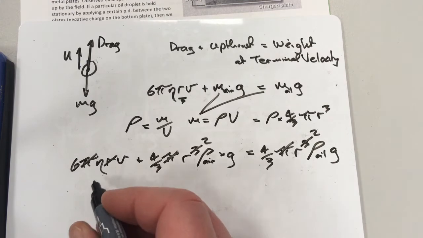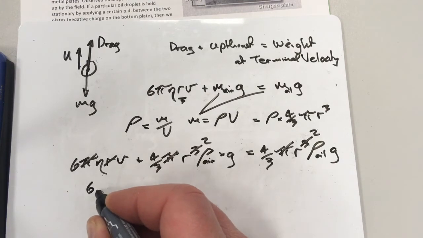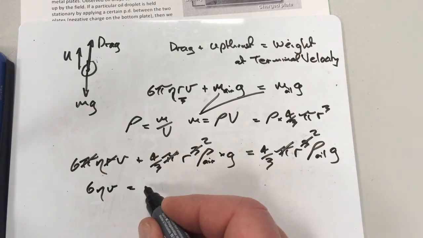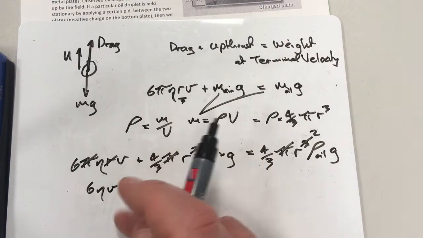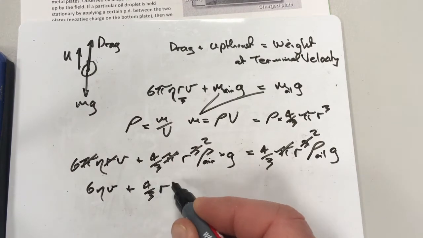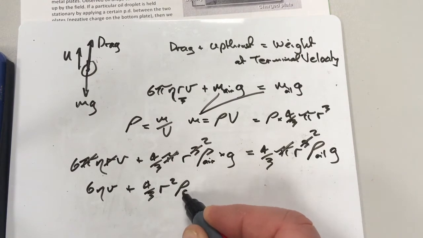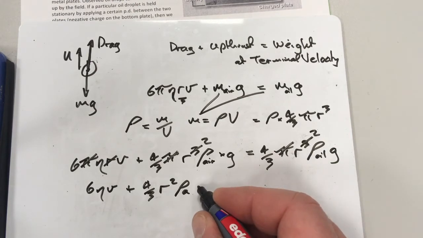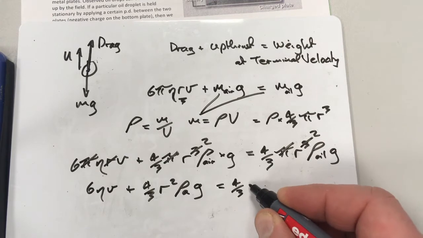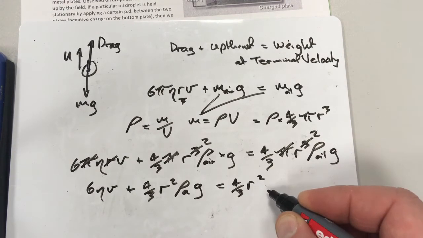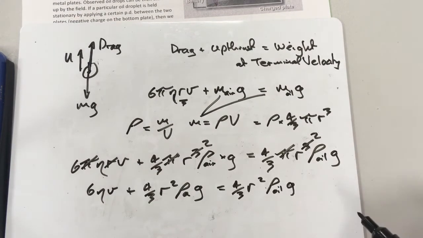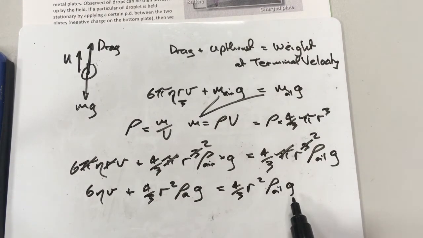So what I've got is 6 nu v plus 4/3 r squared rho air, I'll just call it a now, multiplied by g equals 4/3 r squared rho oil g.